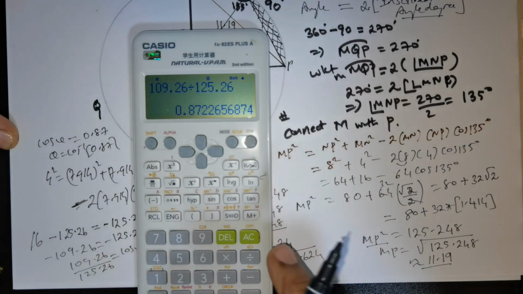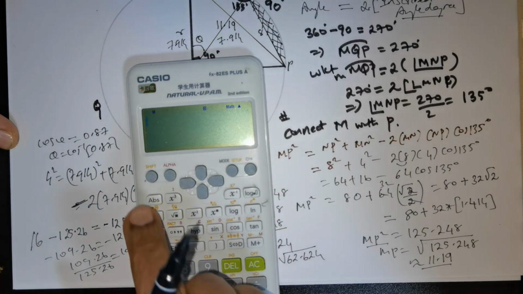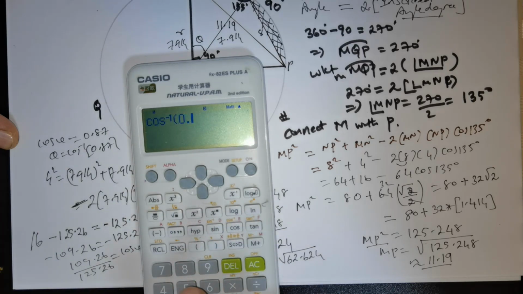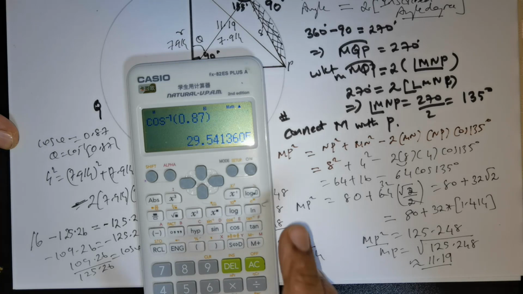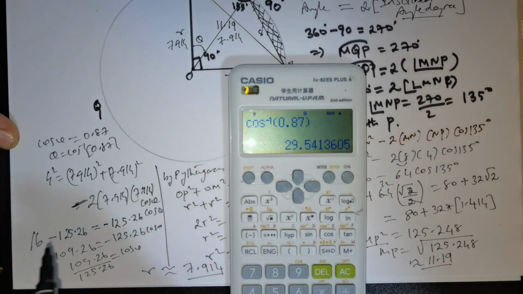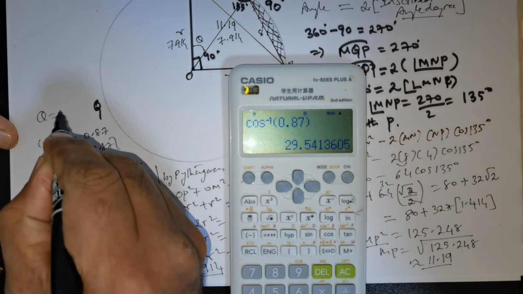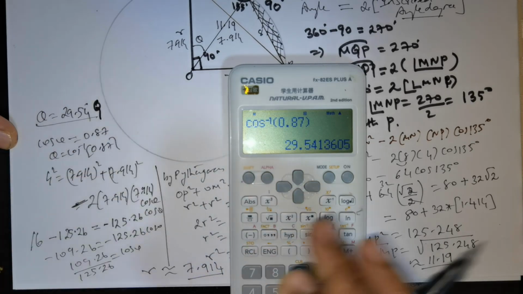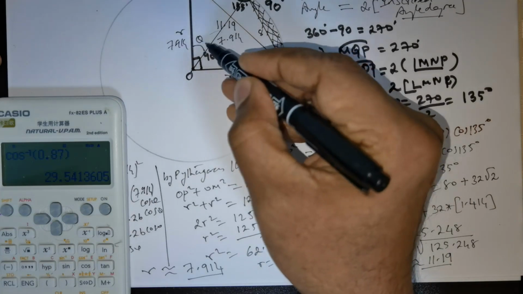So what is the theta value? So cos inverse of 0.87 is equal to 29.54 degrees. That's a lovely value. So theta is equal to 29.54 degrees. So we've got the value of theta, right?